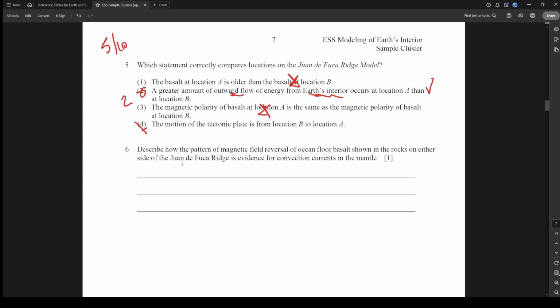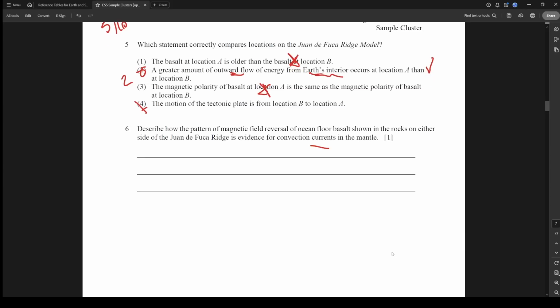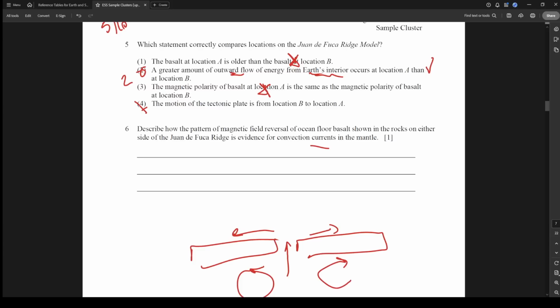Okay. Describe how the pattern of magnetic field reversal of the ocean floor basalt shown in the rocks on either side of the ridge is evidence for convection currents. Well, when you have a divergent plate, this is content again. If the magma is coming up here, it's moving this way, right? Because the convection currents below it are going like that.